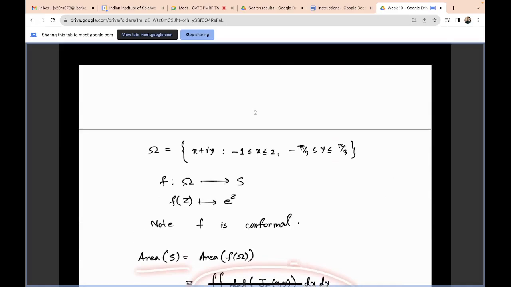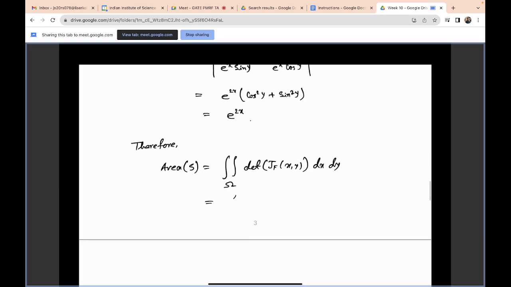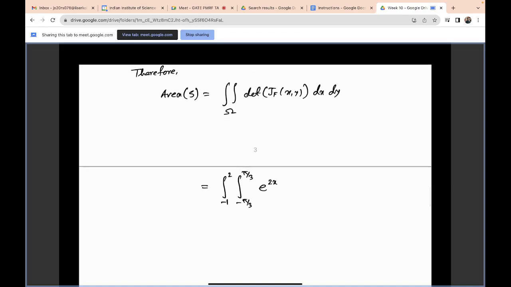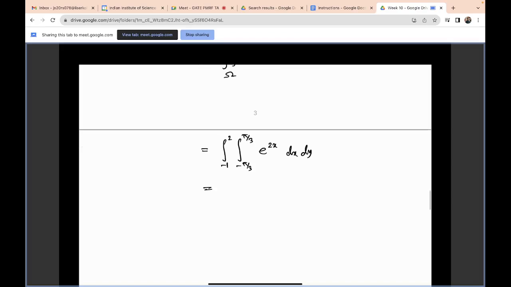Omega is this region, x from minus 1 to 2 and y from minus pi by 3 to pi by 3. So let me write it here: the integral from minus 1 to 2 and minus pi by 3 to pi by 3 of e to the power 2x dx dy. So now find the integration.